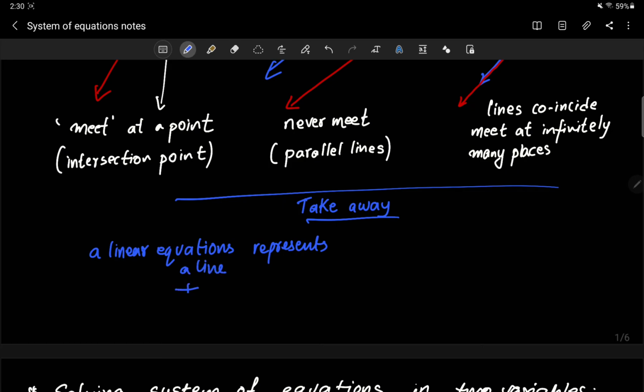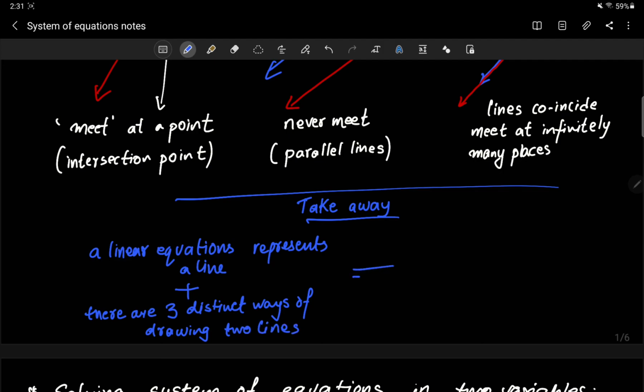To that, you add this idea that there are three distinct ways of drawing two lines.